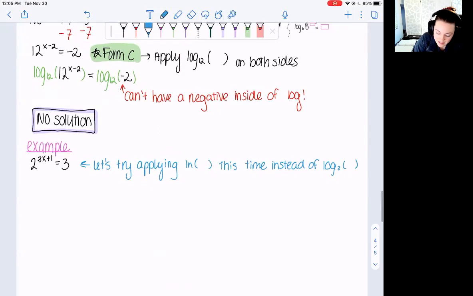So applying ln this time: ln of 2 raised to the 3x plus 1 is equal to ln of 3. This exponent up here, we take the ln of both sides, which allows us to bring the exponents down. So I'm going to bring the exponent down in front.